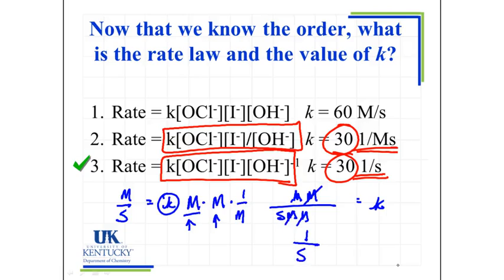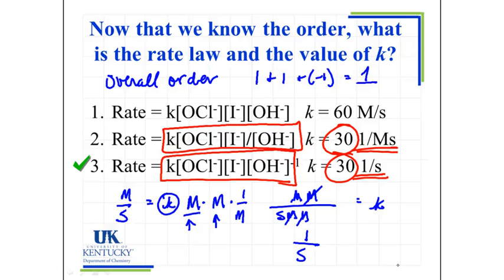Now what's the overall order of this reaction? Well, it would be 1, the order of OCl, 1, the order of I minus, and -1, the order of OH minus, for an overall order, it's first order overall.